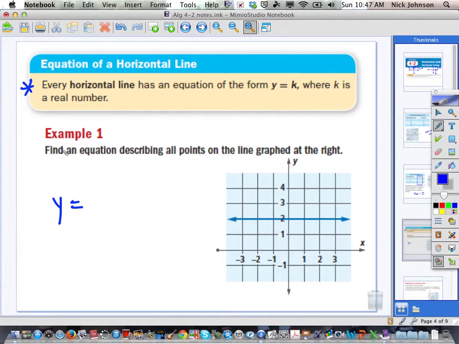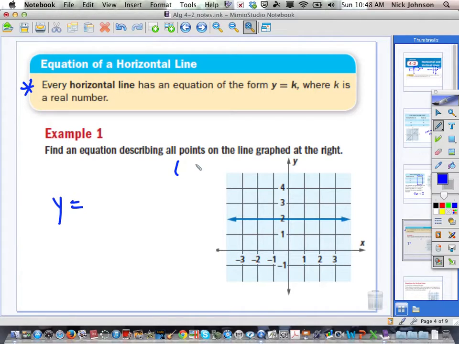So example 1 says, find an equation describing all points on the line graphed at the right. Well, do we have a horizontal line? Yes. Since we have a horizontal line, we know it starts with y equals, okay? And if you want to, you could pick out some points here.